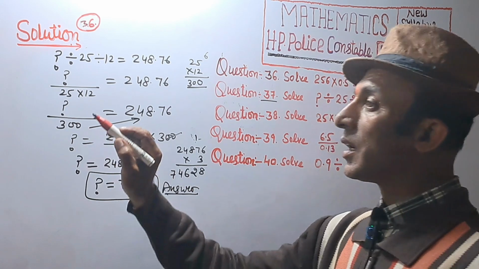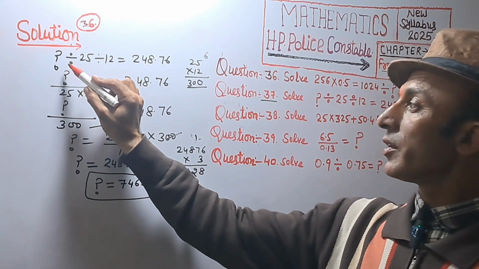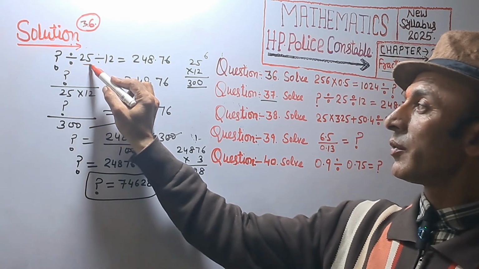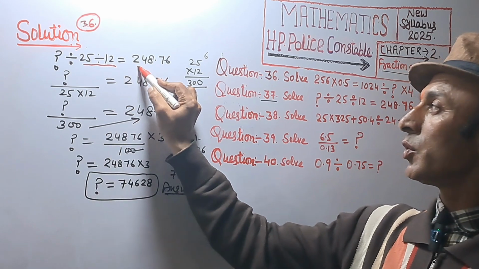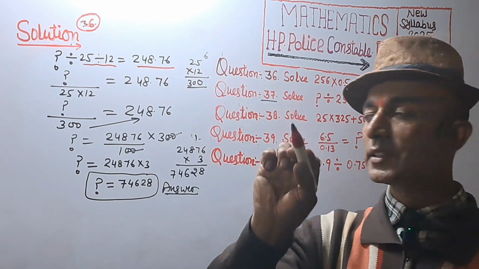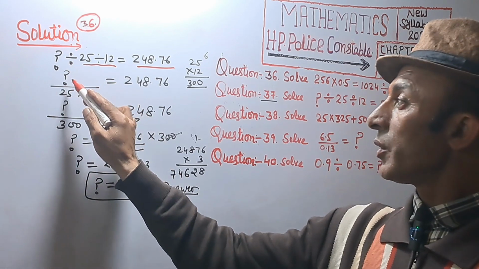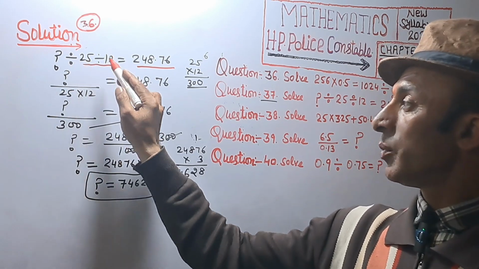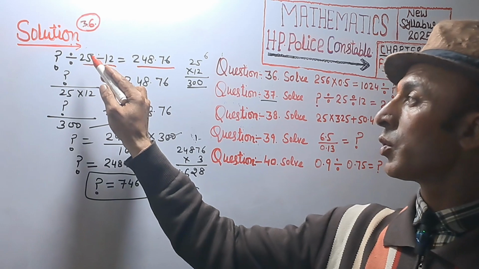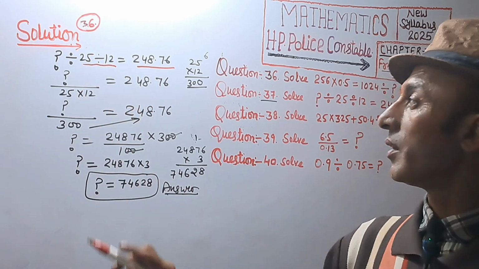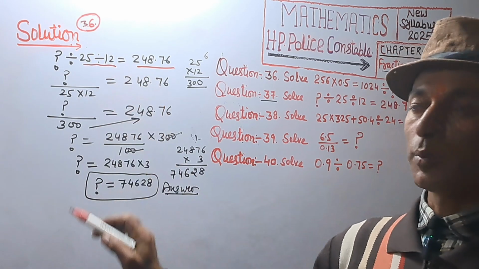Answer. Given sign of interrogation divided by 25 divide 12 equal to 248.76. Sign of interrogation divided by divide change into multiplication, and reciprocal of 25 is 1 upon 25. Reciprocal of 12 is 1 upon 12.